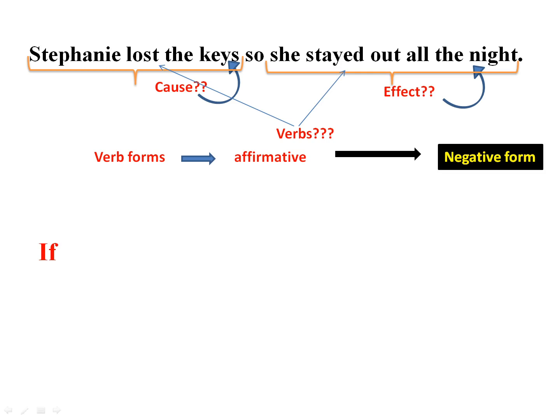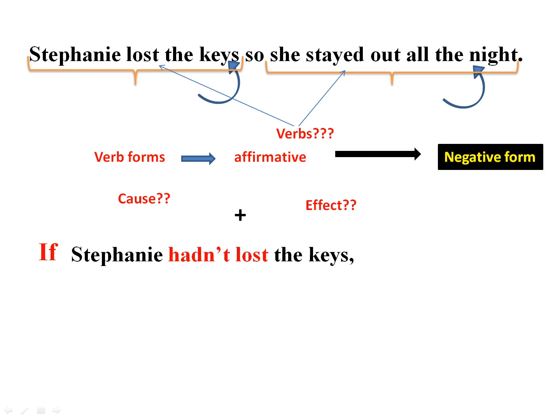Now as I said, if is always followed by the cause. So here we have the cause: Stephanie lost the keys. So the opposite, since I have the verb here affirmative, I need to use the negative form. So the negative of the past perfect is hadn't. So if cause plus effect, as I said.